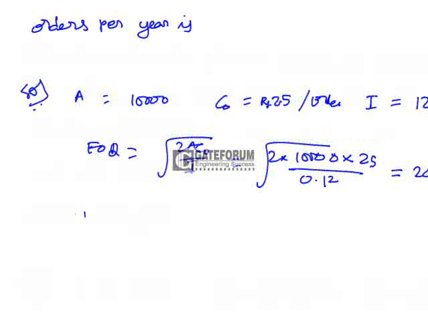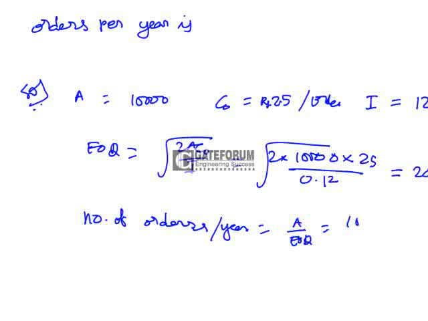Now the number of orders per year is equal to A by EOQ, which is 10,000 by 2042, which is nearly 4.9, and is nearly equal to 5 orders per year. So in the options, the right option is B.